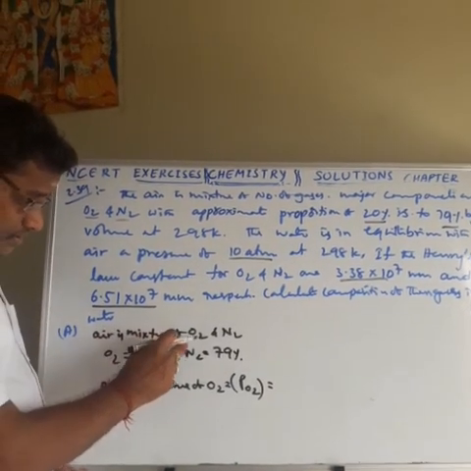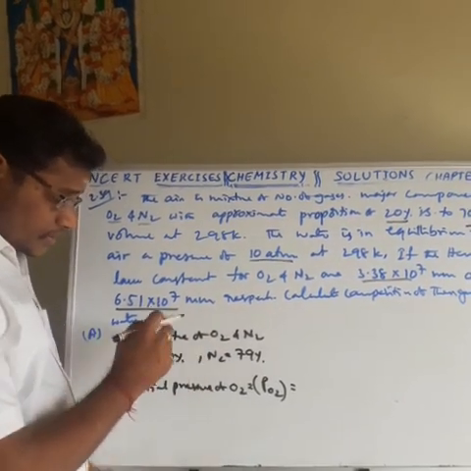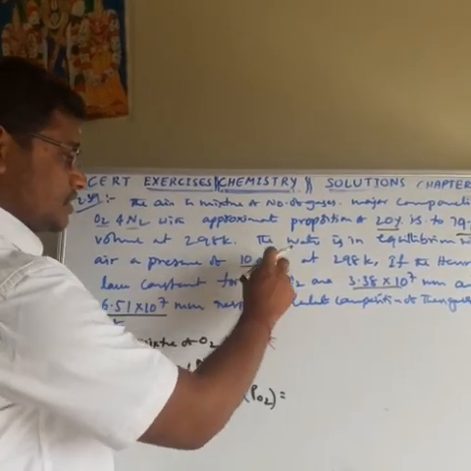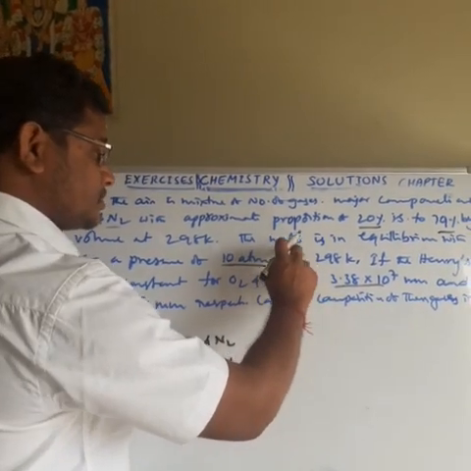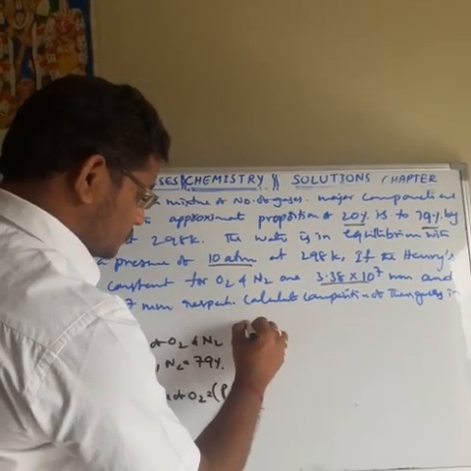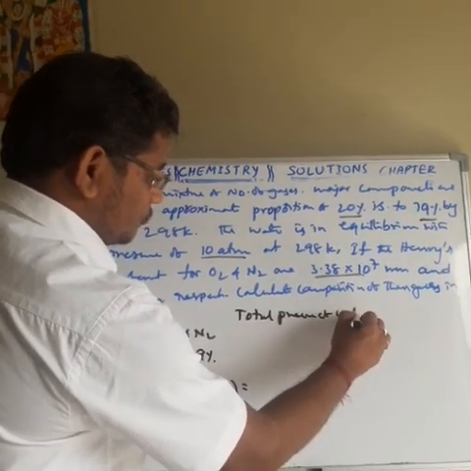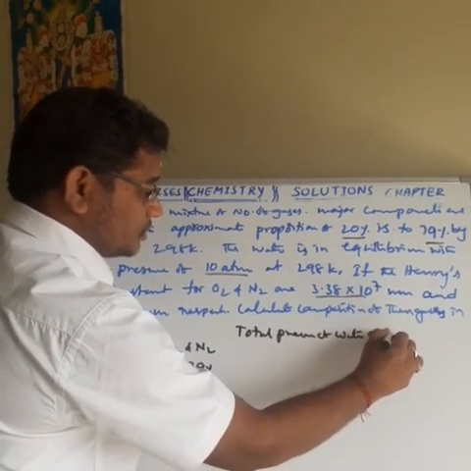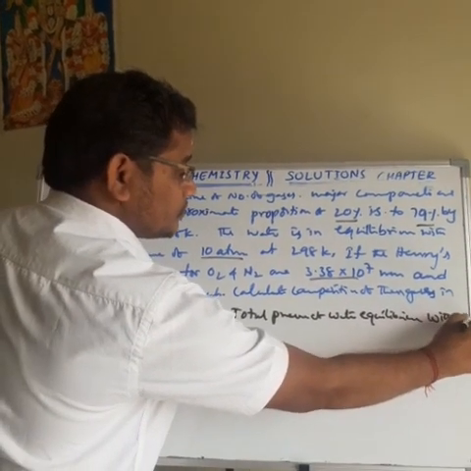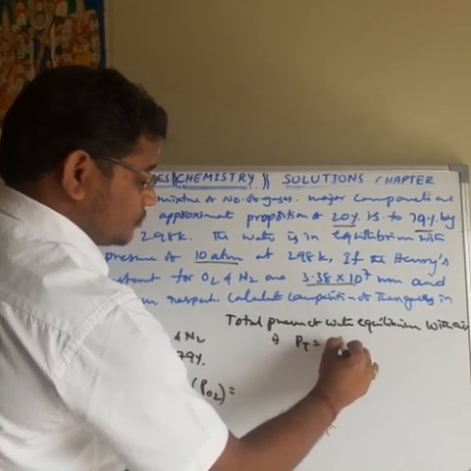The O2 and N2 percentages are given, and the total pressure of the water in equilibrium with air is 10 atmosphere. The total pressure, PT, is equal to 10 atmosphere.